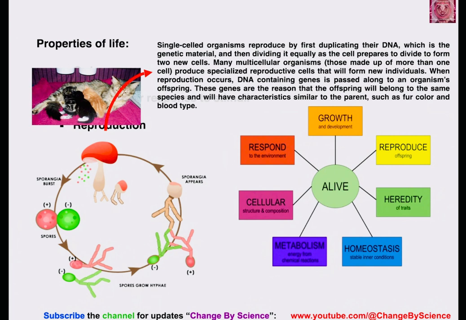Many multicellular organisms produce specialized reproductive cells that will form new individuals. When reproduction occurs, DNA containing genes is passed along to an organism's offspring. These genes are the reason that an offspring will belong to the same species and will have characteristics similar to the parent, such as fur color and blood type.